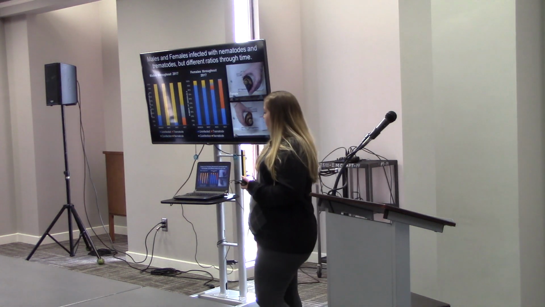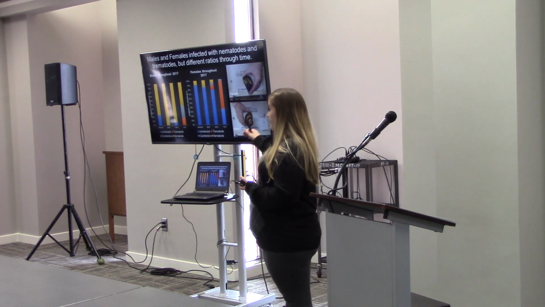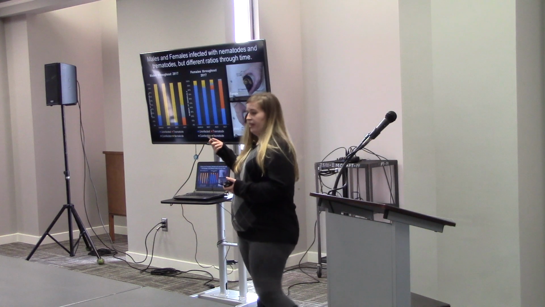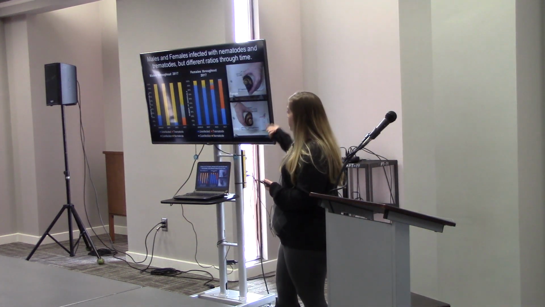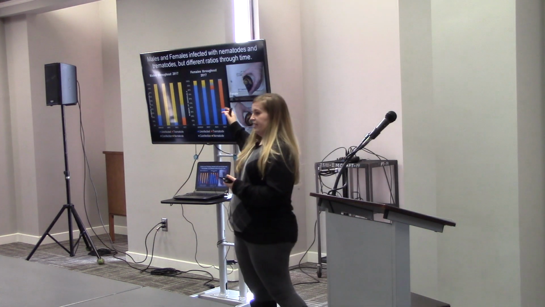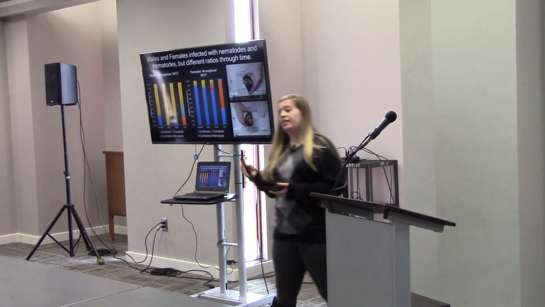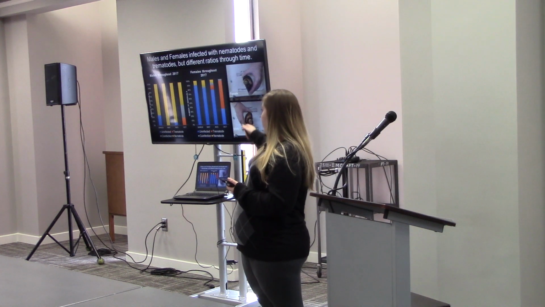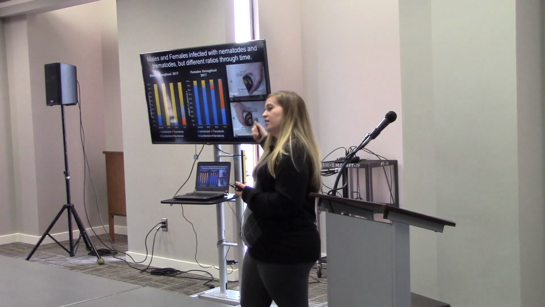So what this could mean is there's a seasonality where nematodes appear in the active season first, and then when trematodes appear later in the season, they kind of take over. Or this could be the first sign of, or the first infection of this trematode species in these snails.